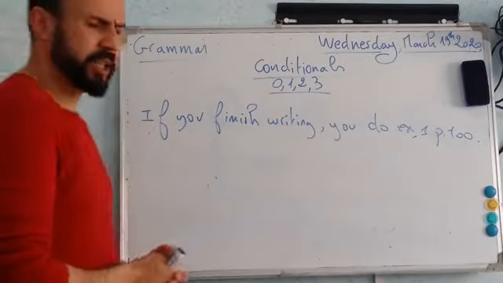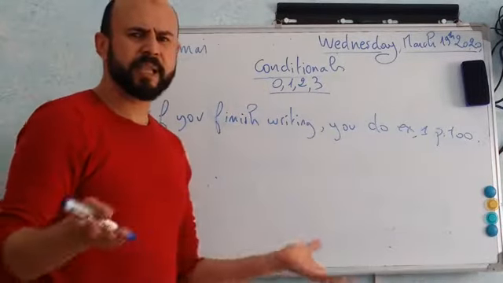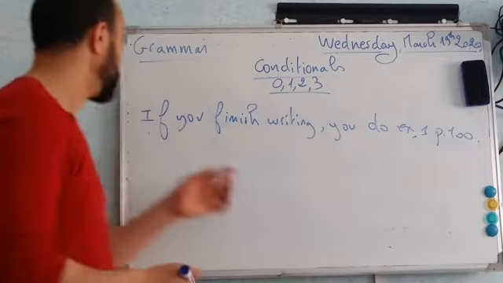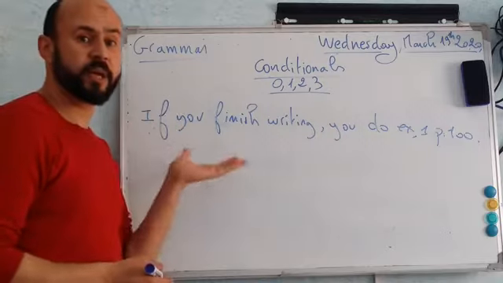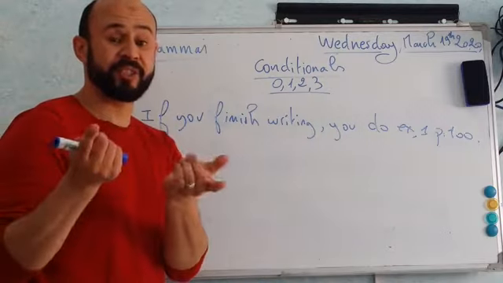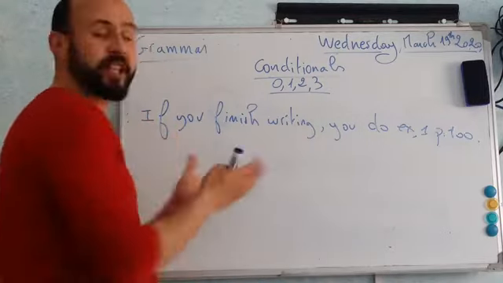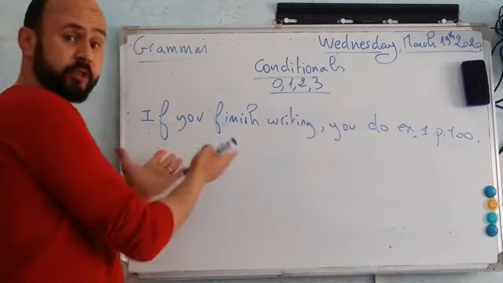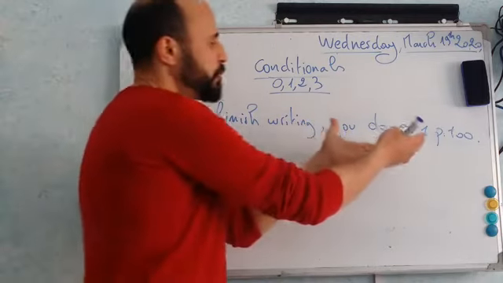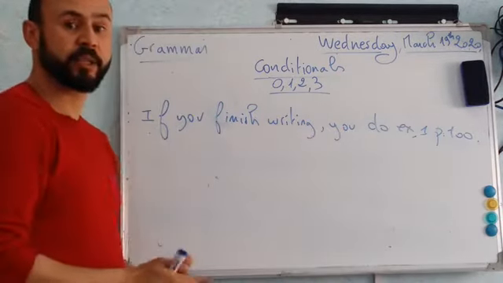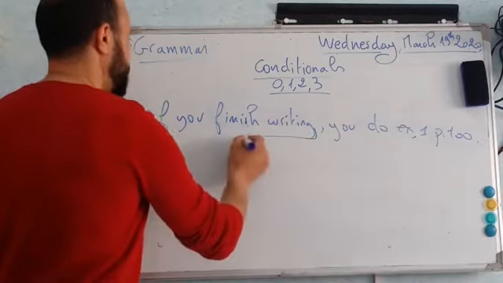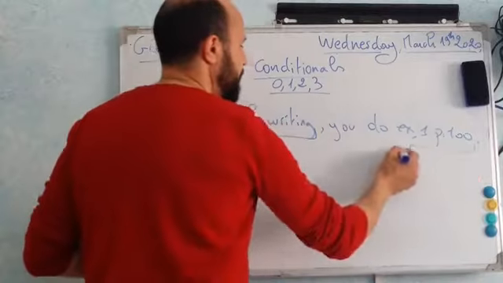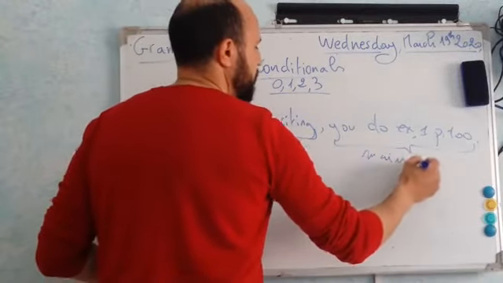So the teacher here, in this sentence, is he speaking about a scientific truth or general fixed truth? Of course, no. In this sentence, the teacher is giving instructions. He is giving instructions to students. In case they finish, when they finish writing, they need to go to page 100 to do exercise number 1. So this is our if clause, and this is our main clause.